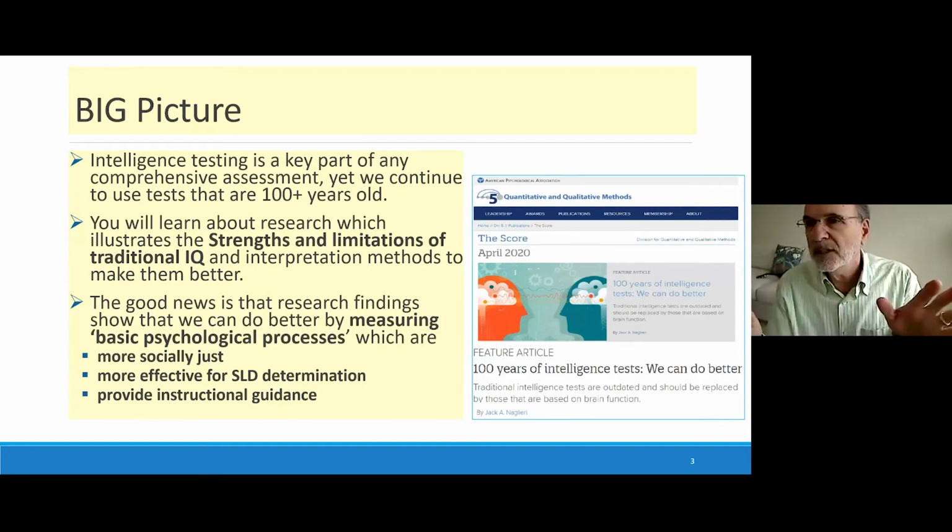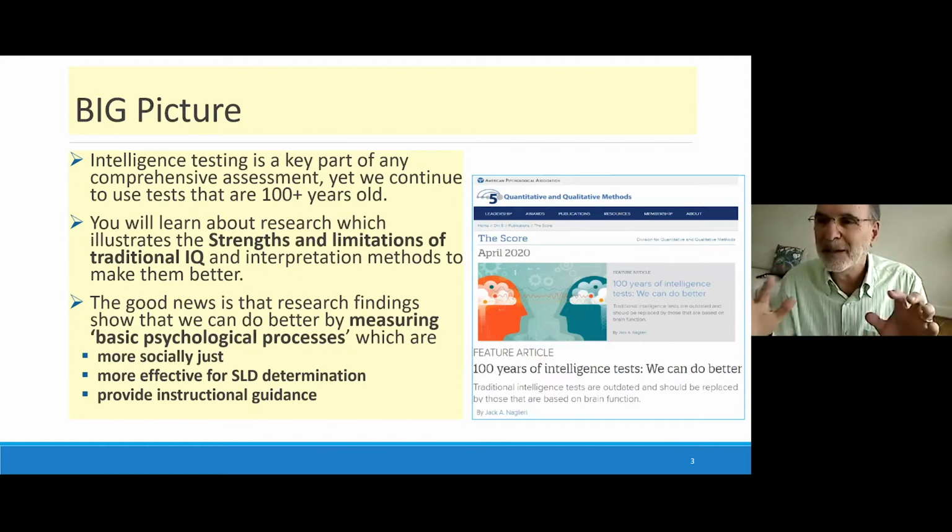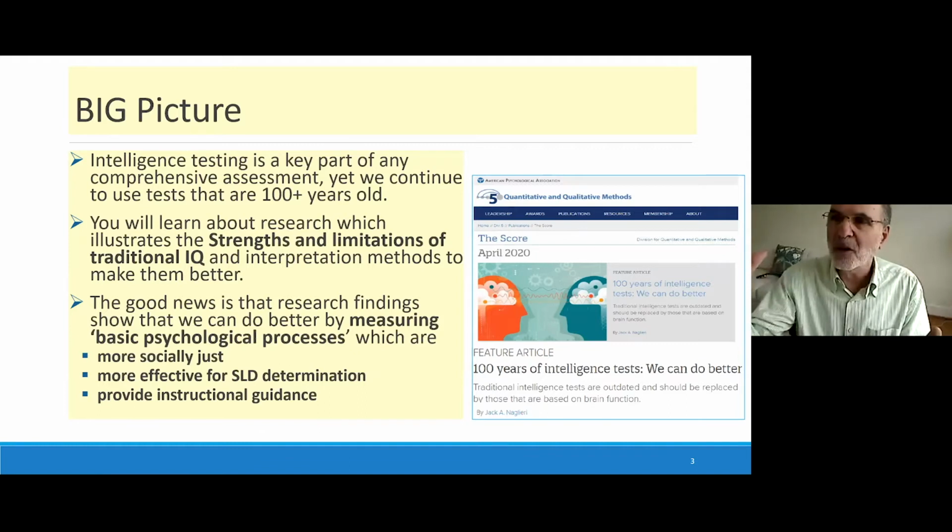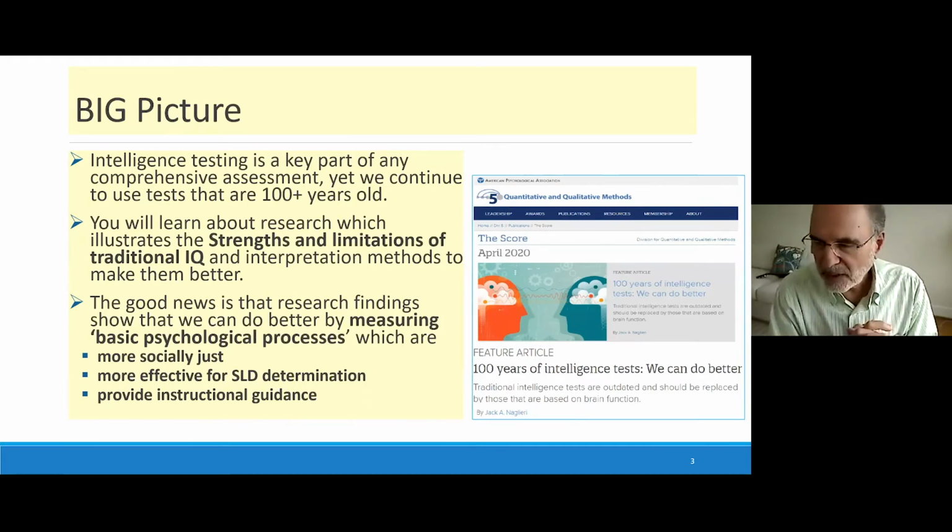In other words, I'm teaching using a simultaneous processing approach, meaning simultaneous processing is seeing things as a whole, right? So I want to give you that perspective. So where are we starting here? I think that intelligence testing is so critical to what we do as school psychologists, because it's really a pivotal part in our comprehensive assessments.